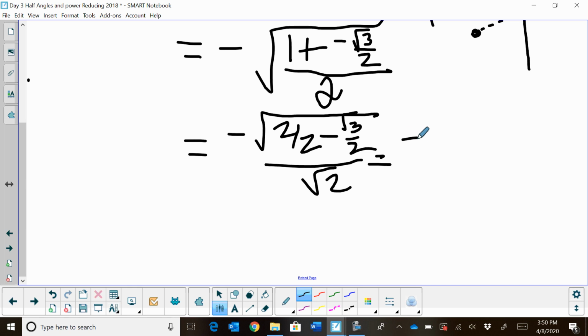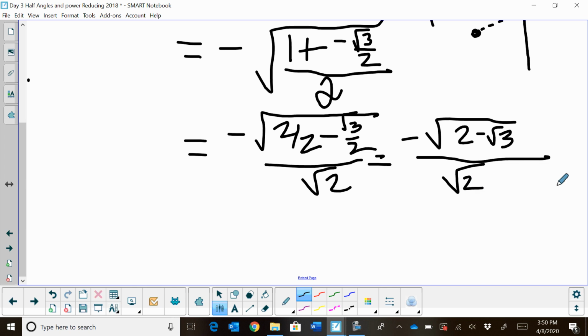So I have a negative on top, 2 minus square root 3, all under the radical, all over the square root of 2. And then, okay, I'm going to multiply the top by 1 over the square root of 2. Oops, I dropped my 2 here, didn't I? Let me bring this over.